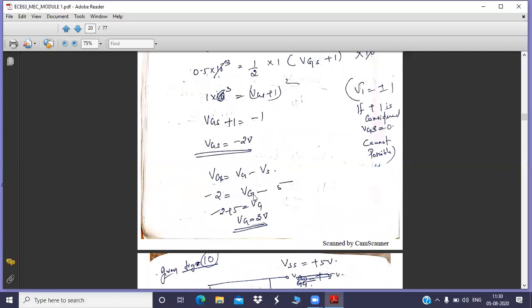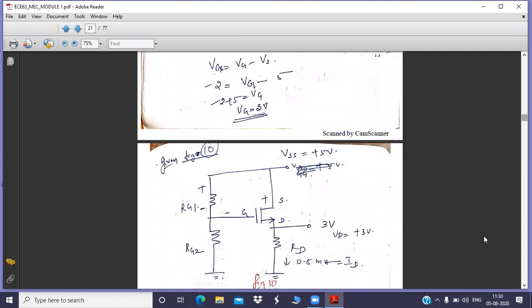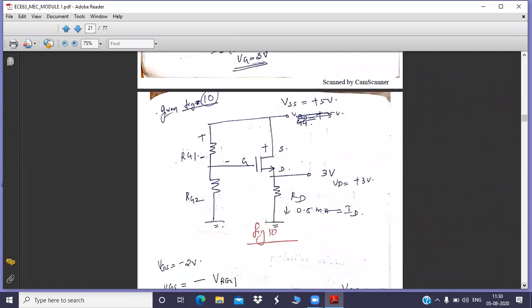You have VGS as VG minus VS. VG you have written as such. And what about VS from the circuit? This is your circuit. Can you spot any difference between the previous MOSFET and this MOSFET? See, this is your source here, this is your gate and this is your drain.